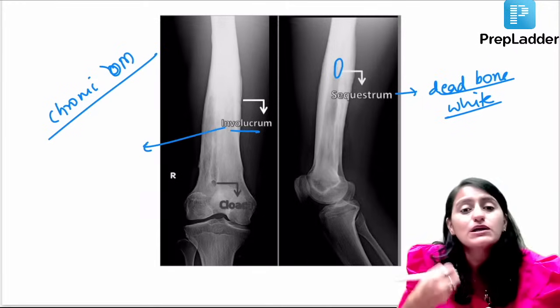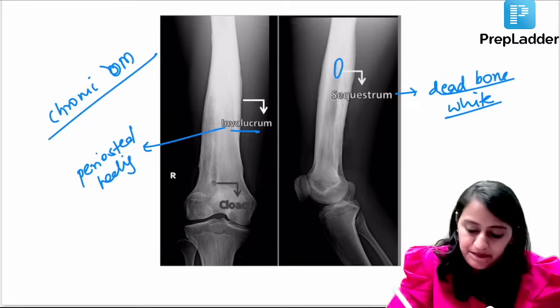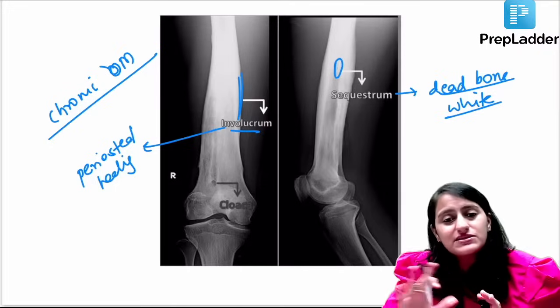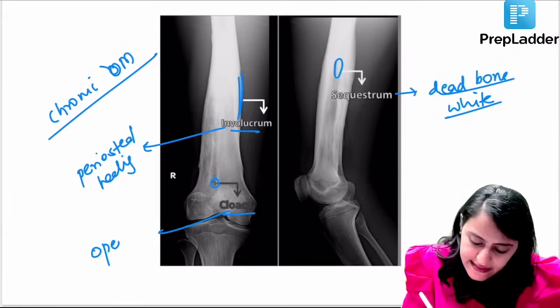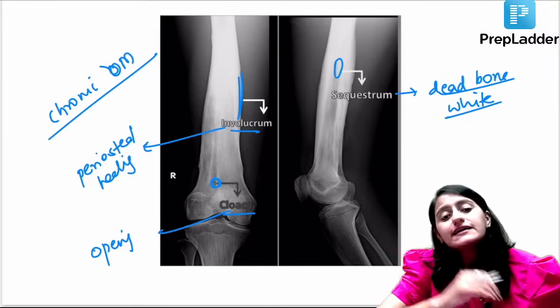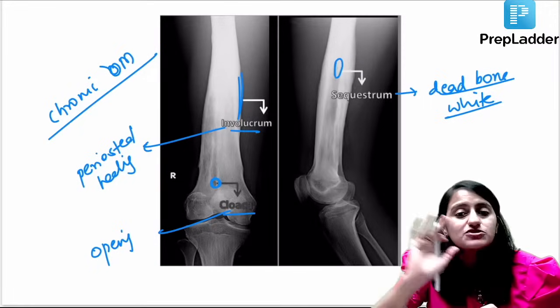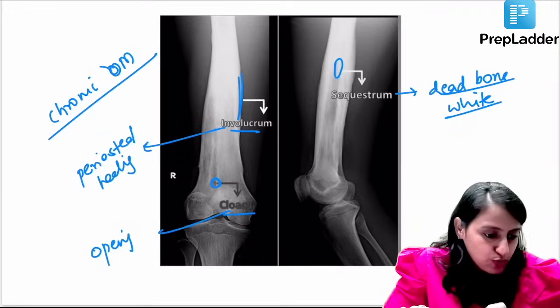Involucrum is the involuting bone, the periosteal reaction, the healing which is happening, right? And the opening, cloaca, is the opening through which that dead bone is coming out, right? So cloaca is the opening, sequestrum is the dead bone, and involucrum is the new healing bone. Okay, dead bone is more white.